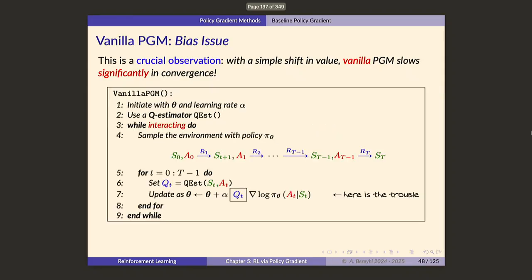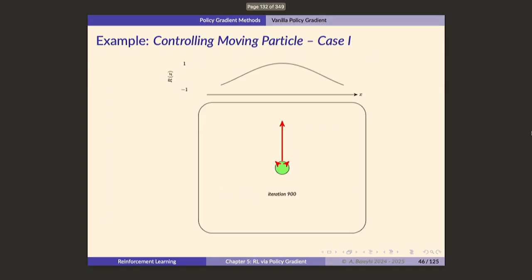In this example, when I have the system with -1 and 1, and I start with the uniform distribution, probably my particle goes to the left and then goes up, the first trajectory. Here it's going to get some negative rewards and then gets to 1, right? If I add them all together, it's roughly around 0, right?